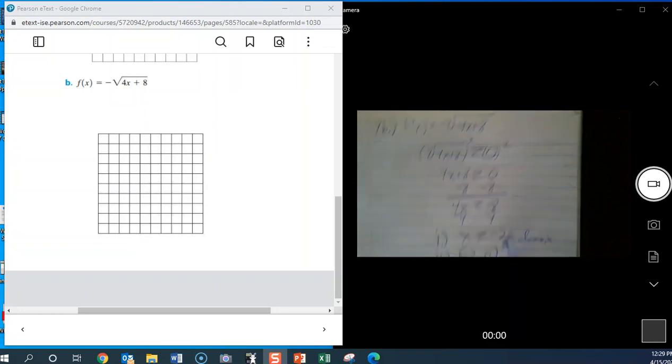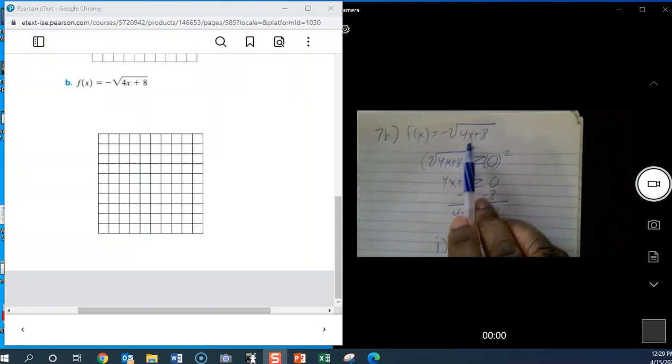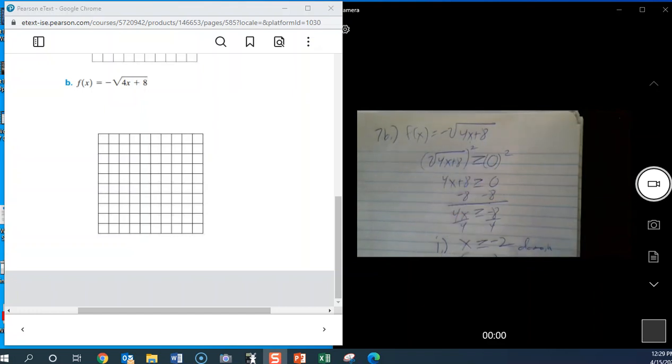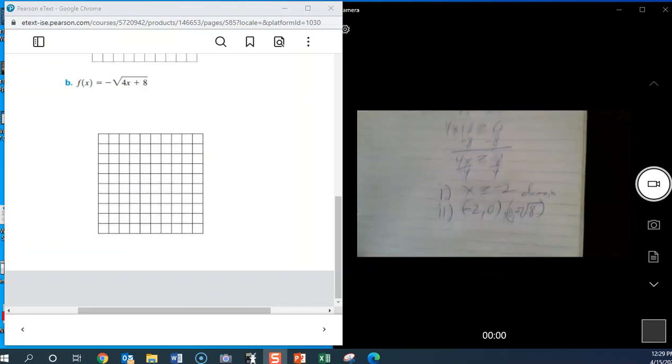The y-intercept, we put in 0 for x. 4 times 0 is 0 plus 8 is 8. So it'd be the negative square root of 8. So 0 comma negative square root of 8. This would be your y-intercept.